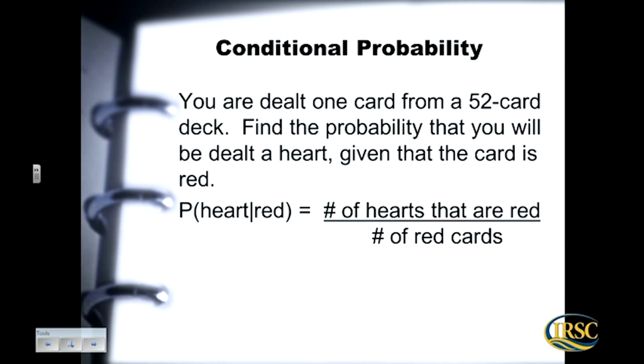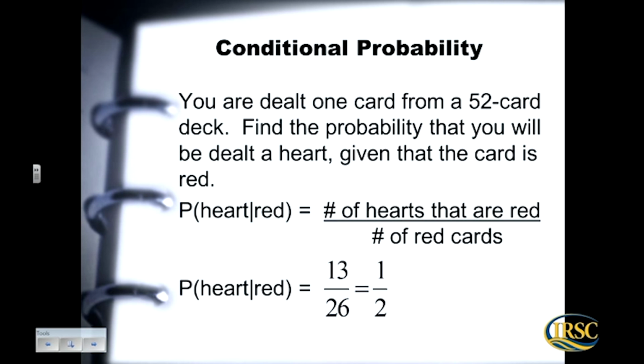All right, how many hearts are red? 13. There are 13 hearts and they are all red. Okay, so 13 is your numerator. How many of the cards are red? 26. Half the deck is red. So filling in your numbers, you get 13 over 26, which reduces to 1/2.